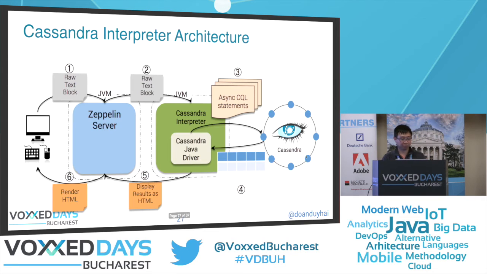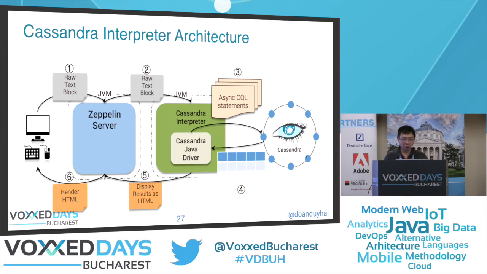Okay. Now let's see something more complicated. You can create something very simple but also very complicated. For example, the Cassandra interpreter. The idea here is I have insert, update, delete, select, a bunch of Cassandra statements. All of them are sent in one block of text to the interpreter.